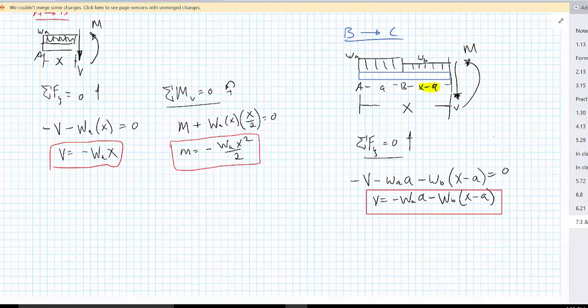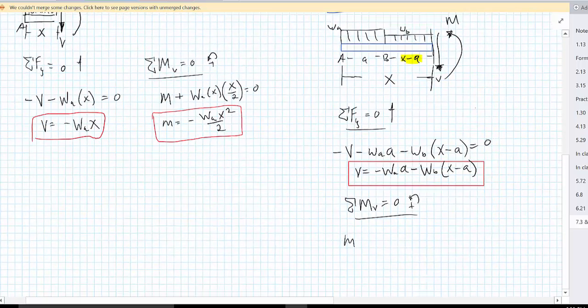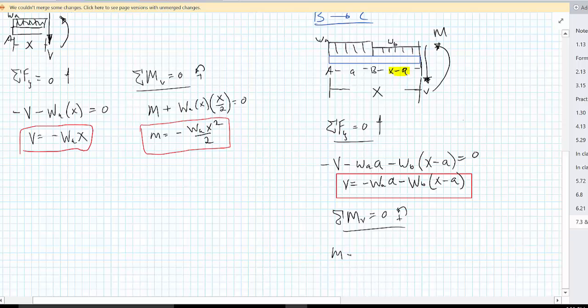So the next part is we're going to sum our moments around the shear point. We'll have a positive moment M plus our W sub A multiplied to A, right?